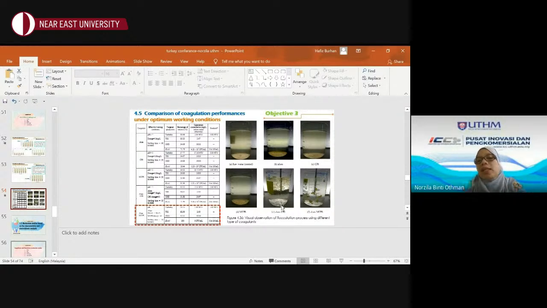The fifth one is the alum combined with the cassava peel starch. And finally, the last one is alum combined together with modified. This one is so much clearer. For E and F, it is much clearer compared to the control and other coagulants.